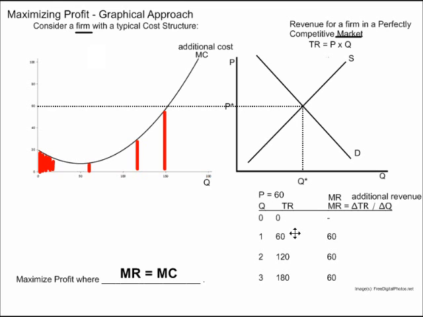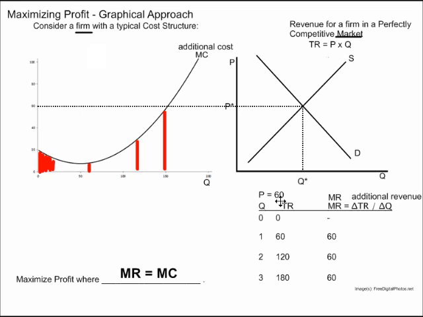Their revenue increases by $60. For the second unit sold, their revenue increases by another $60. For the third unit, their revenue increases by another $60. Notice, for a firm in a perfectly competitive market, their marginal revenue is equal to whatever the market price is.